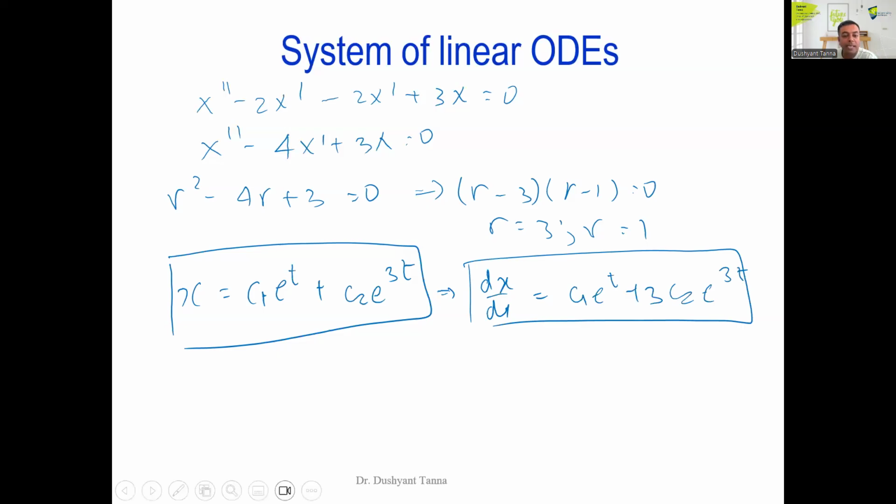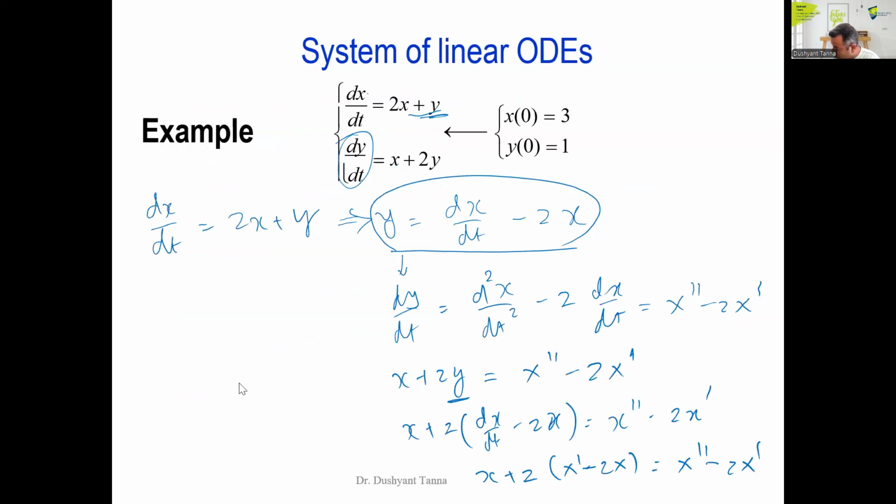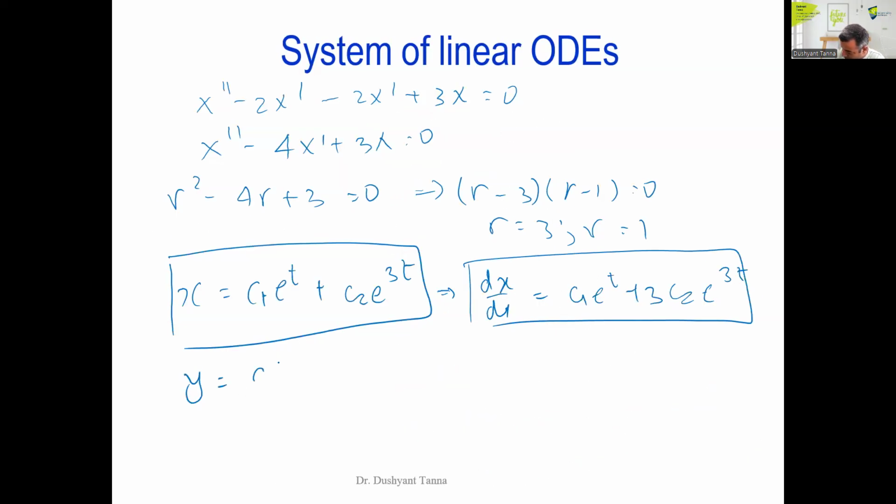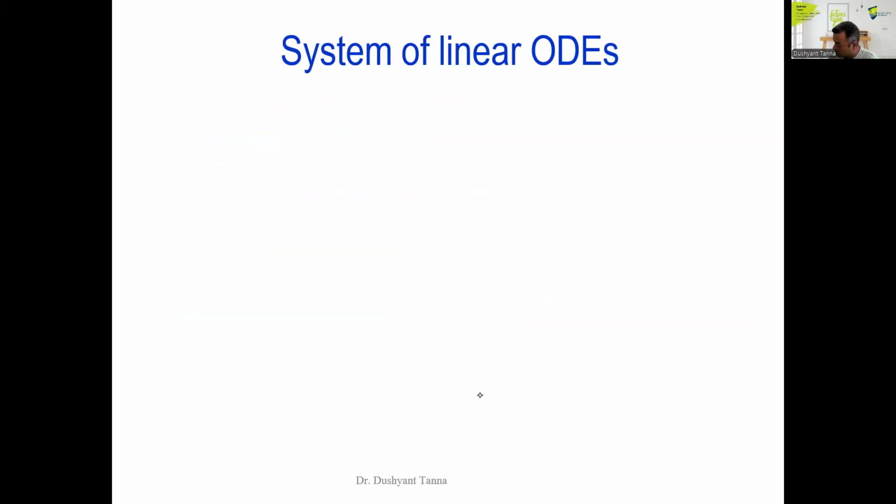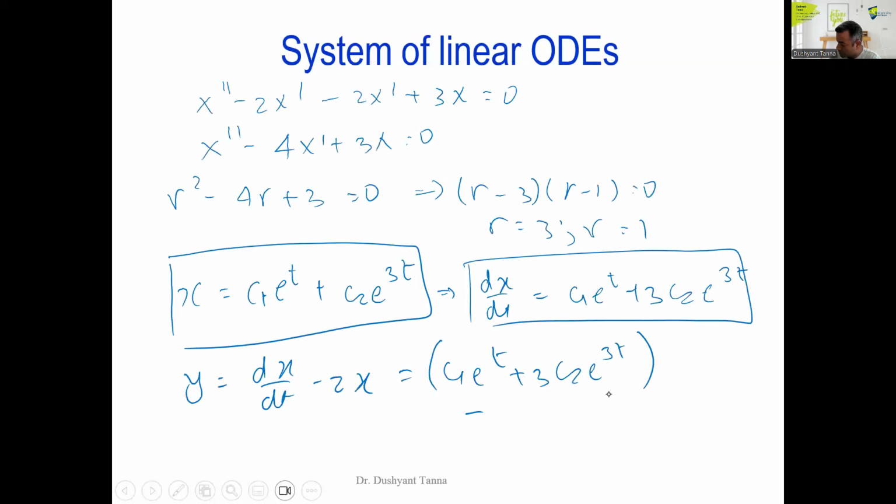Once we obtain that, our y was dx by dt minus 2x. So that's c1 e raised to t plus 3c2 e raised to 3t, minus 2 times c1 e raised to t plus c2 e raised to 3t.